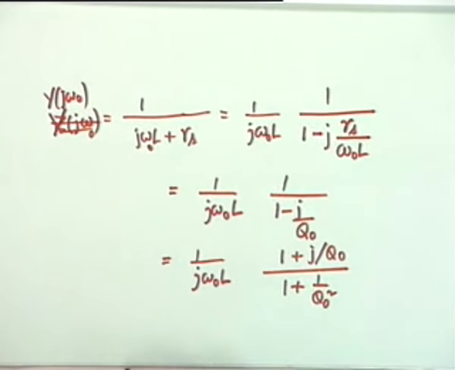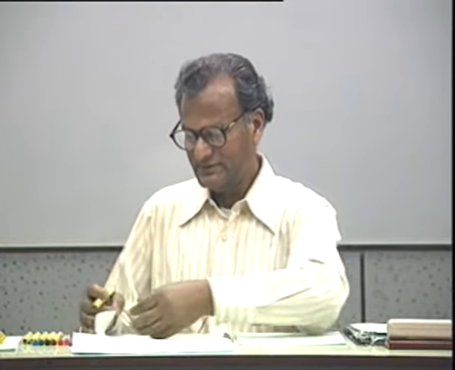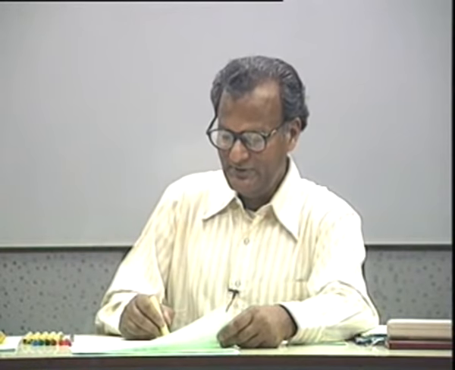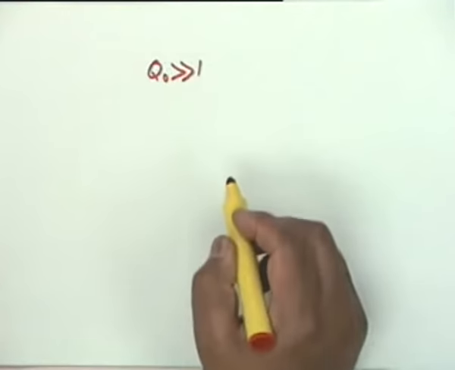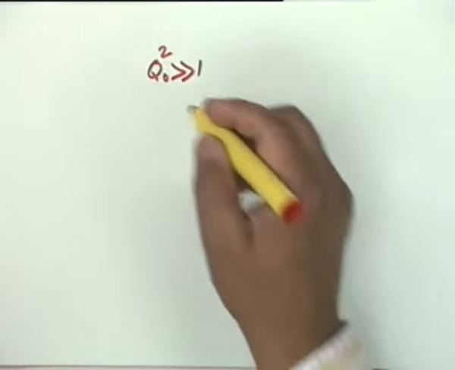All right, and if Q naught is much greater than 1, Q naught squared much greater than 1, so even for Q naught equal to 3, this should be true. Q naught squared is approximately 10.